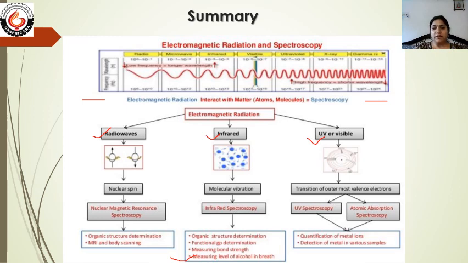These are very low energy waves, and these are able only to flip the nuclear spin. So the flipping of nuclear spin requires a very low amount of energy, and in that case we can easily use the radio waves. Radio waves are utilized in NMR spectroscopy.